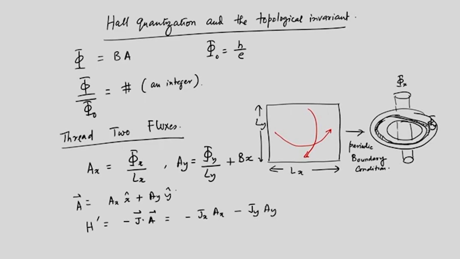So, this is exactly similar to earlier, excepting that we are now threading two different fluxes. As I said, it is just to help us in getting the result. In a few steps down the line, we come very close to the Kubo formula, and this is actually aiding that.